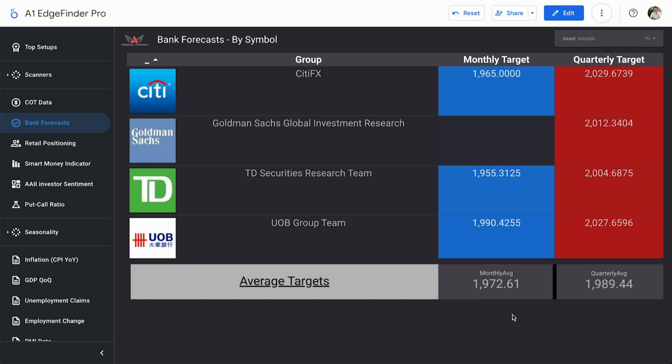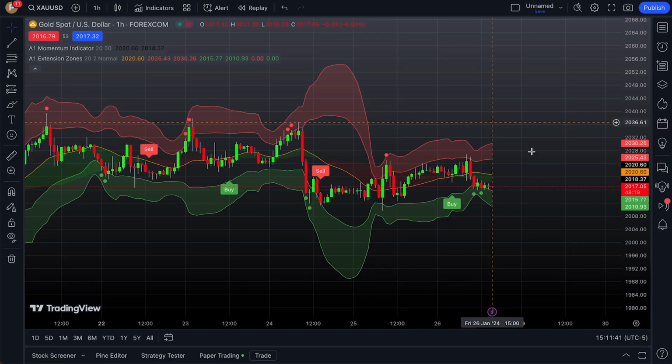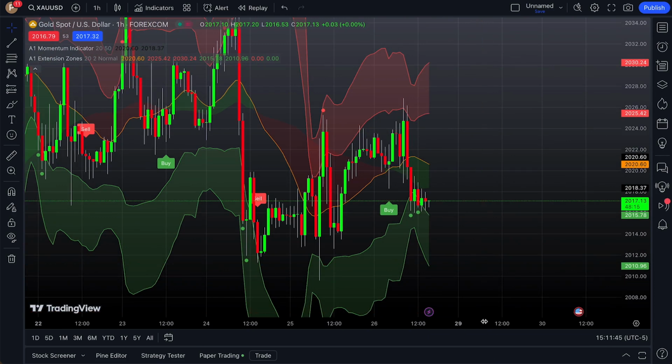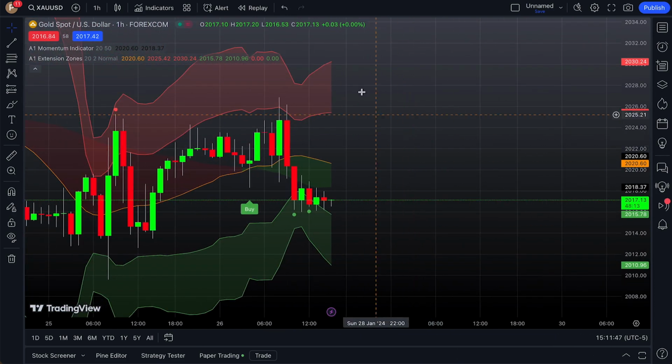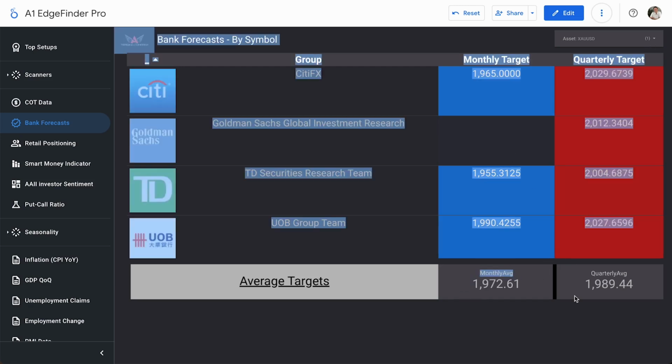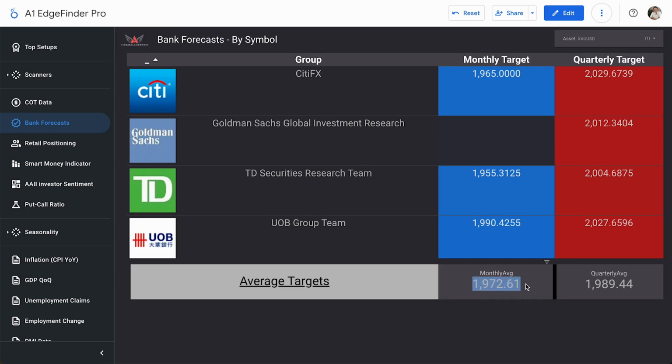But we have to look at the current price of gold, and the current price of gold is actually over 2,000, right? So what does this mean? Banks are forecasting that the gold price is going to drop around $1,970 an ounce at first, but then slowly start creeping its way back up towards that 2,000 range.